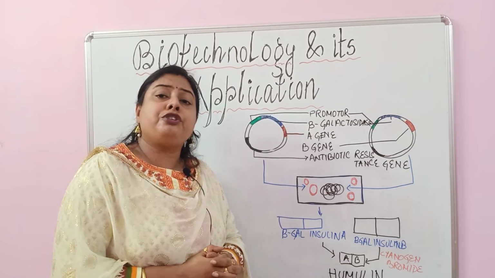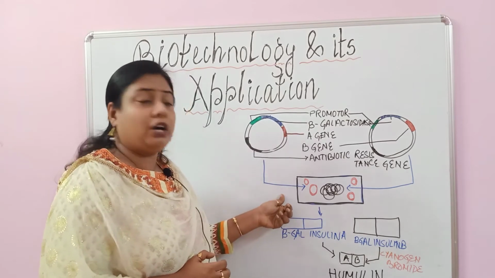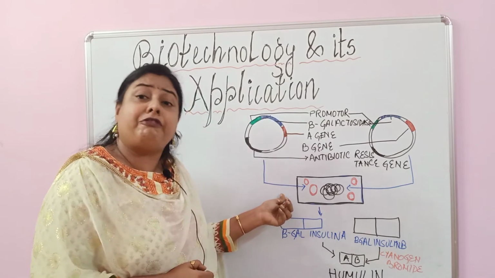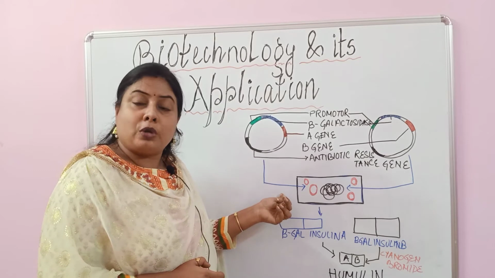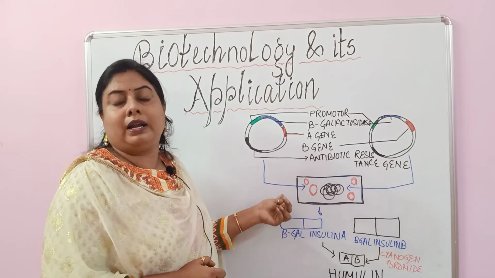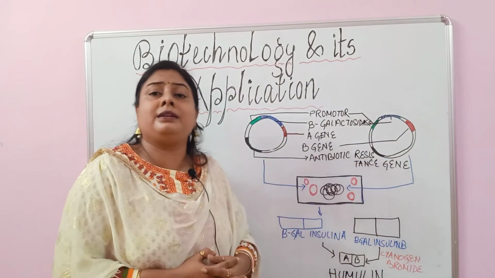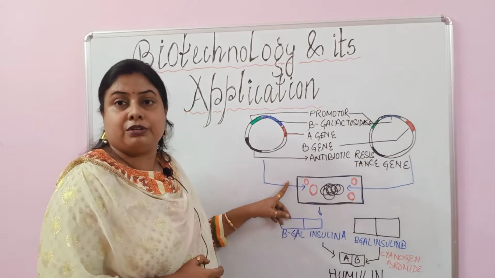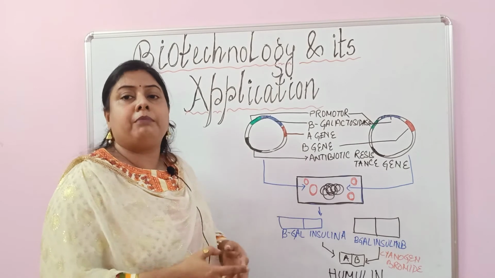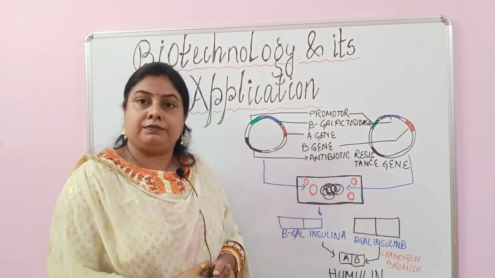Then they are introduced in the Escherichia coli, which is plasmid free. So in plasmid free Escherichia coli, or E. coli, these synthesized recombinant DNA are introduced and they are made to replicate.